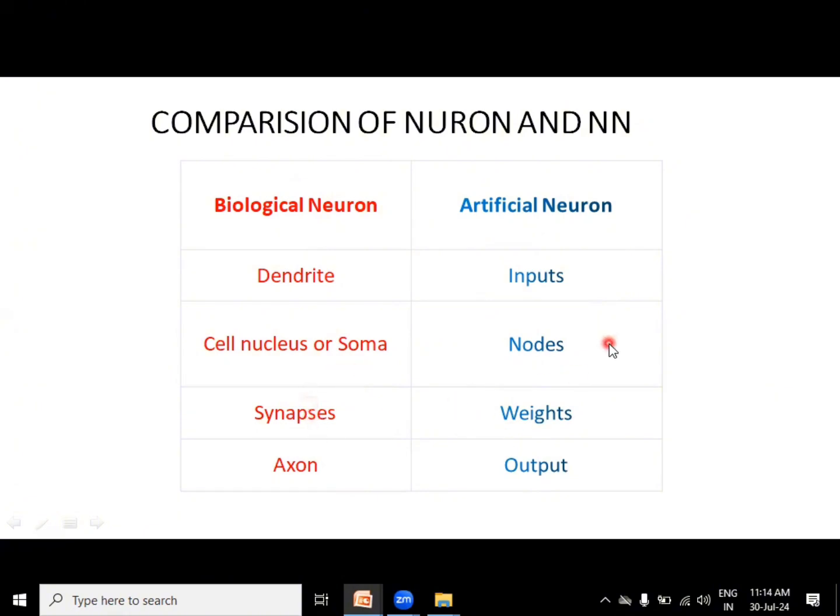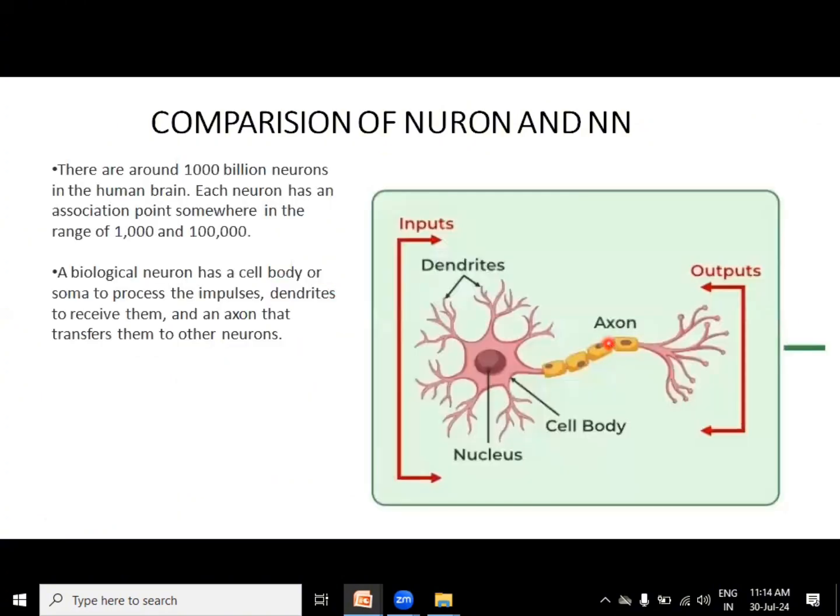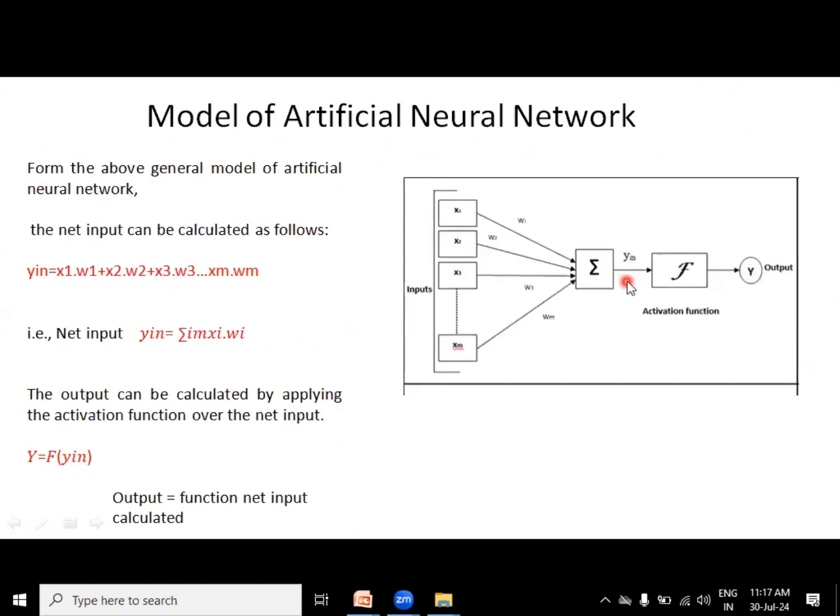It is denoted as weight in neural networks. So go back to the previous slide. Here, dendrite is called input. Nucleus is called hidden. Axon is called output. This synapse is called weight. I hope you can understand.